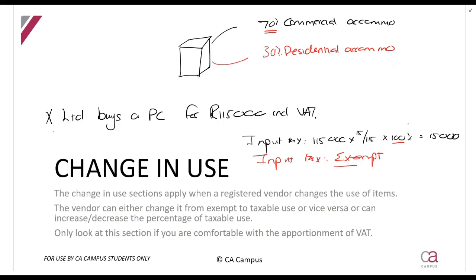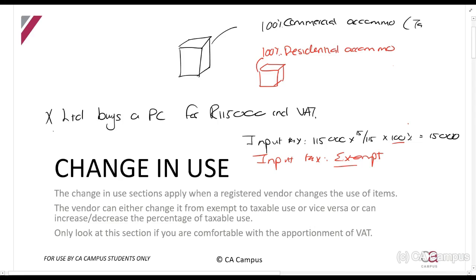Now, what would happen if I have two buildings? A black building like we have there, and then a red building. So let's do this first. The red building is 100% residential and the black building is 100% commercial.